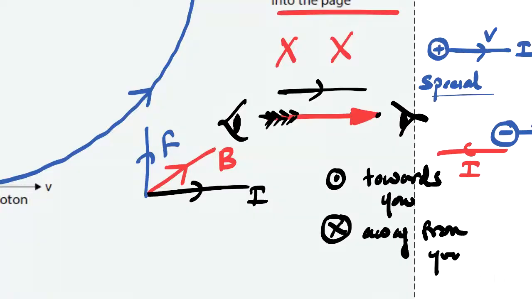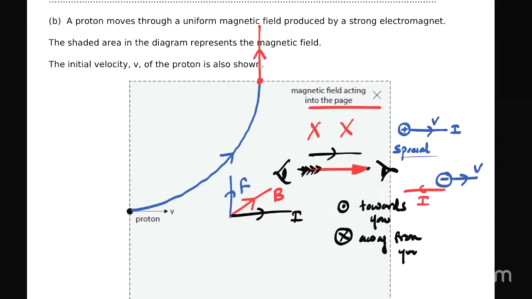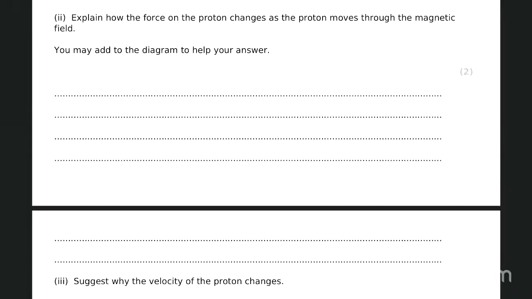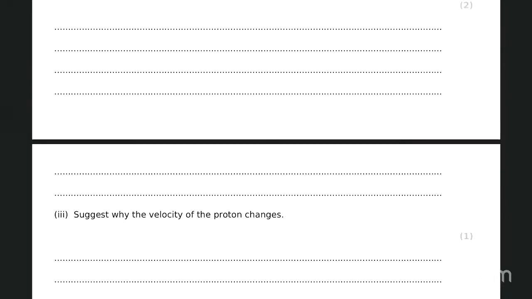Here it is mentioned the magnetic field is acting towards the paper, so that's why I drew the magnetic field like this. Otherwise, you can place the fingers and see. The actual way is the magnetic field is going towards the paper like that.